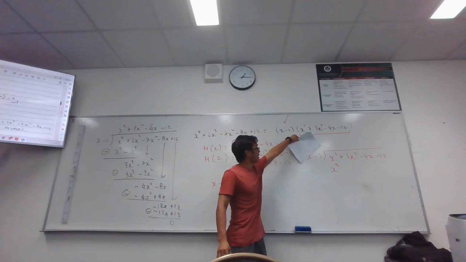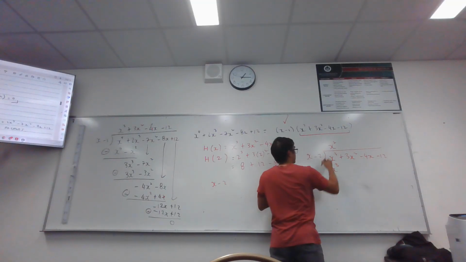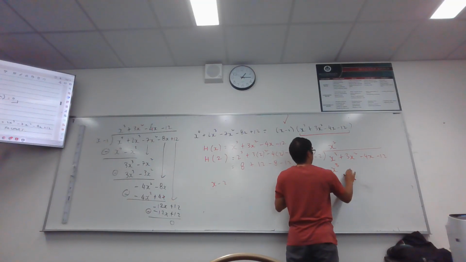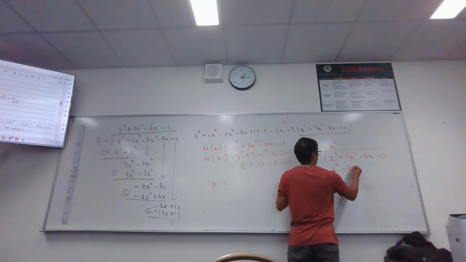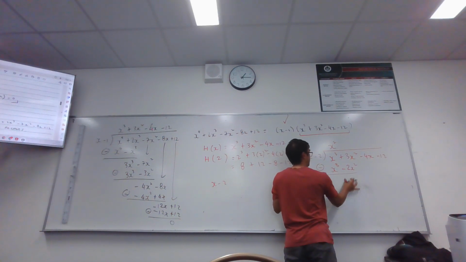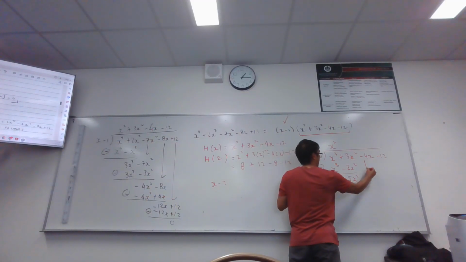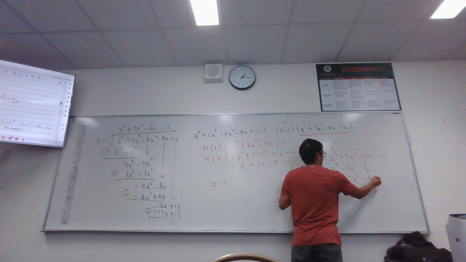Okay, what needs to go up here, Maya? X squared. What goes down here, Emily? Minus 2x. Thank you. Harry, what goes down here? Excellent. What do I need to do here, Rita? Thank you.